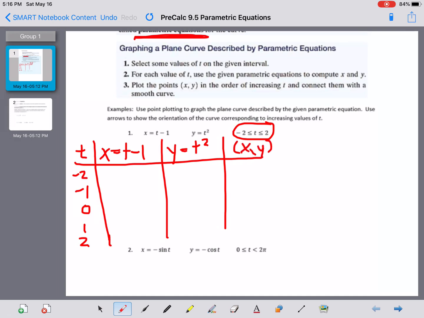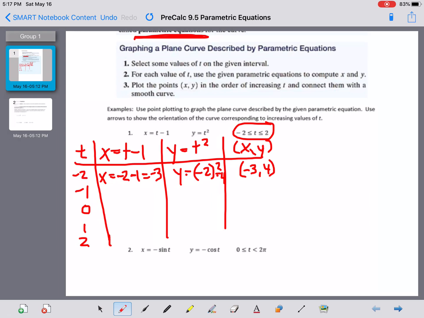Here we go. For t equals -2, x is -2 minus 1, which is -3. For y, -2 squared is 4. So I end up with the ordered pair -3, 4, at that moment of time of -2.